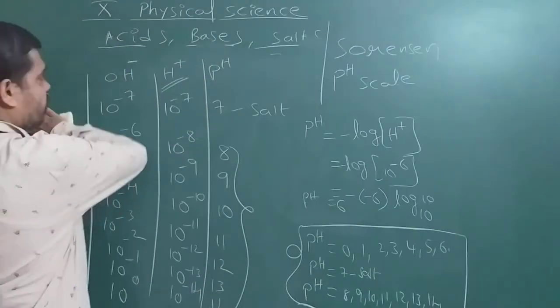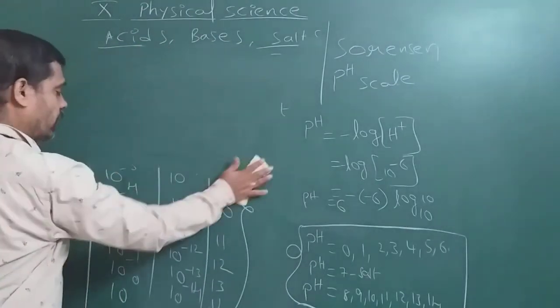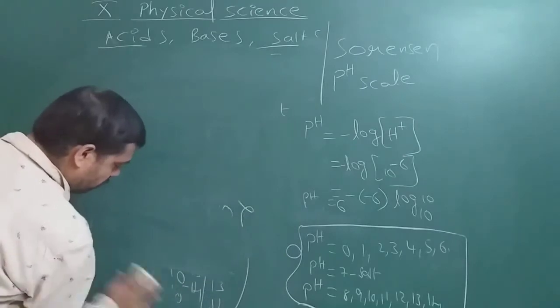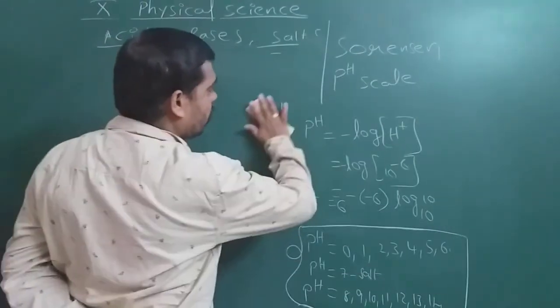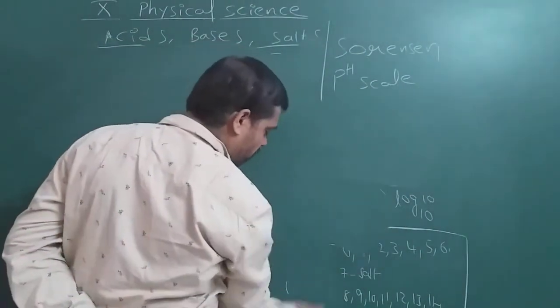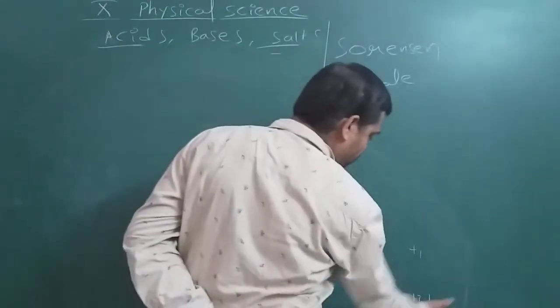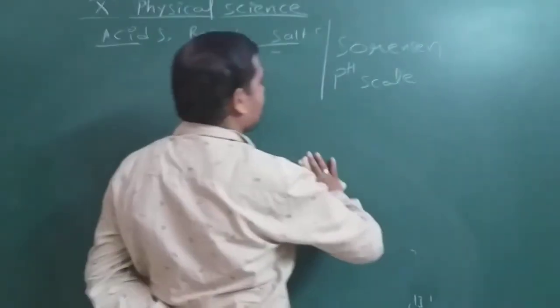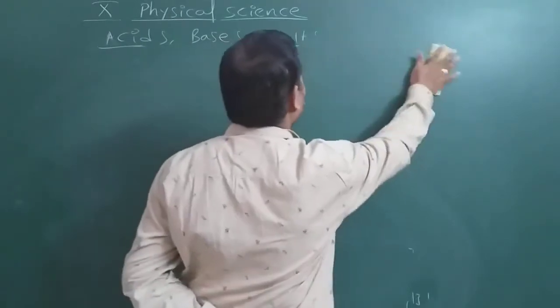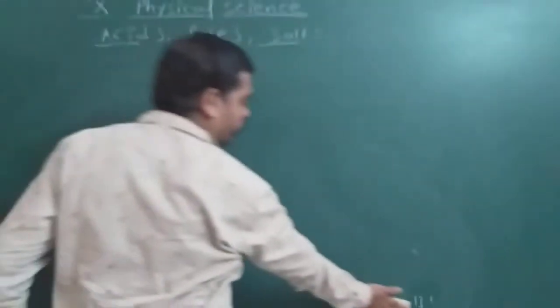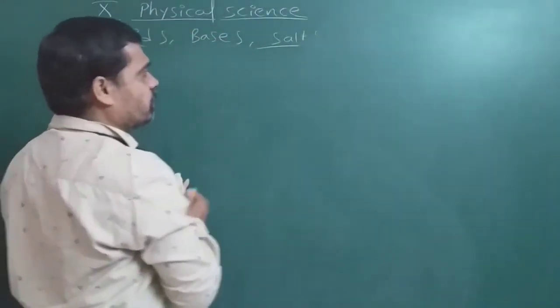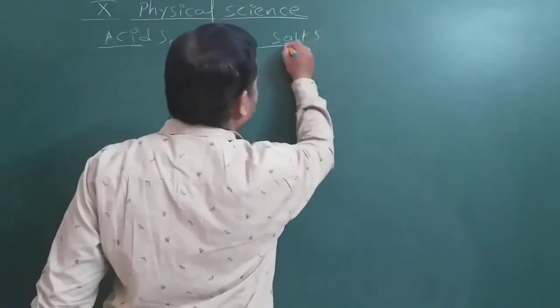So pH paper is a slightly orange paper, and it will change color depending upon acidic solution, basic solution or salt solution. Then what about the pH scale?